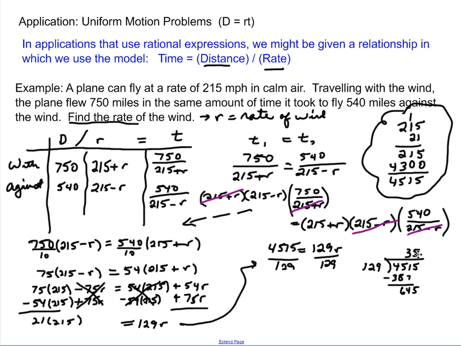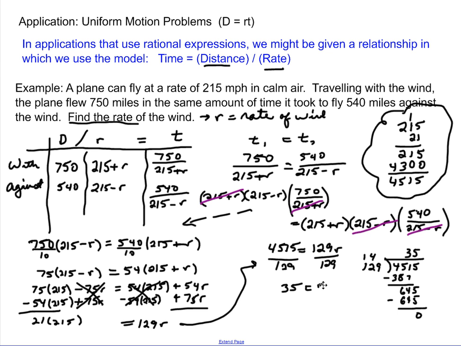Let's see what happens. 5 times 9 is 45. Put my 4 here. Carry, 5 times 2 plus 4, that's 14. Looking good. Put the 1 right here. 1 times 5 plus 1 is 6. Subtract that away. Guess what? We have a 0 remainder, folks, so 35 is equal to r.